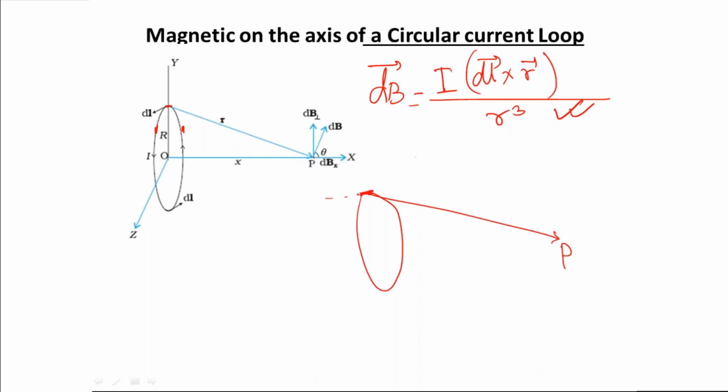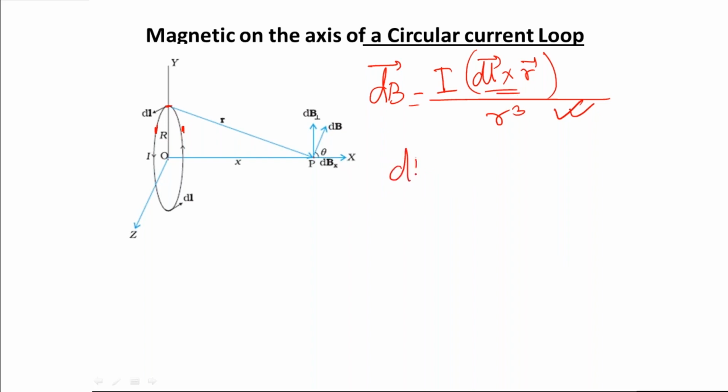The direction of the current element for a circular loop will always be along the tangent, and the radius vector is always perpendicular to the tangent. So the angle between this dl and R, as you can see in the figure, will always be 90 degrees.